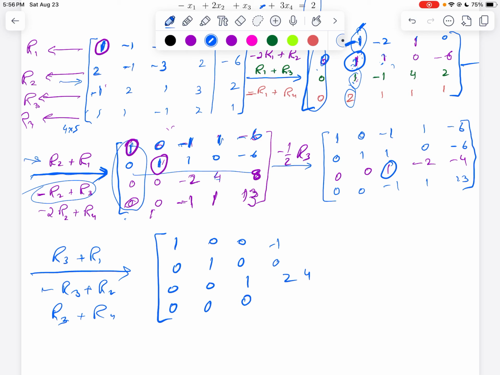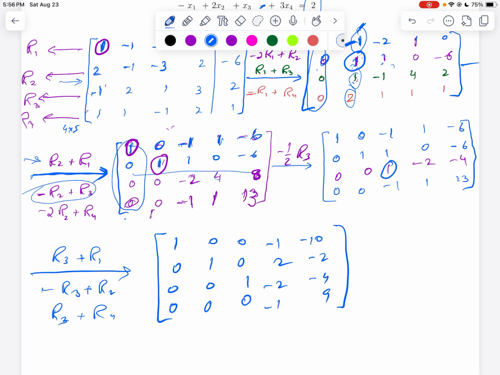So it should look like the last two columns are going to be, maybe write this. So the last two columns will be negative 1 and negative 10 here. And then you have 2 and negative 2, and then negative 2 and negative 4, and then negative 1 and 9.